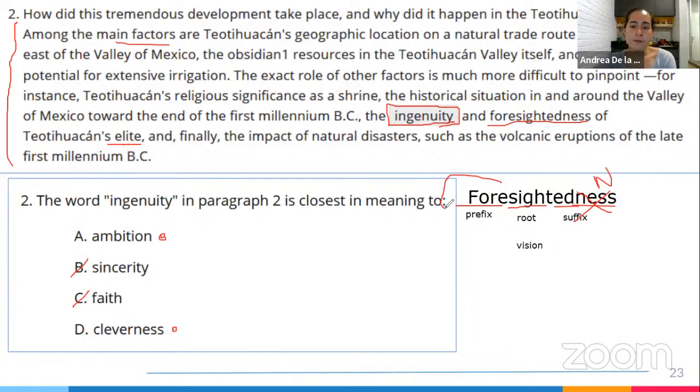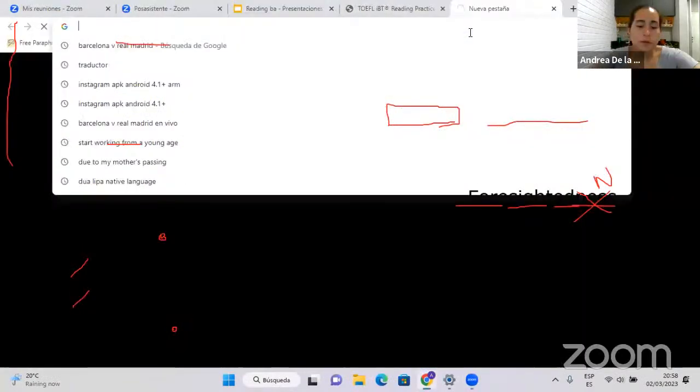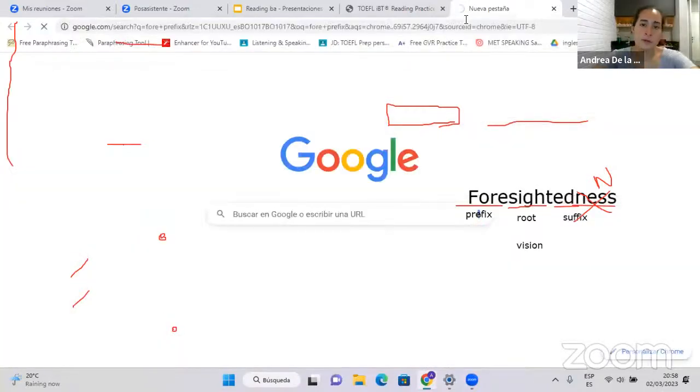What about the prefix for? Can you associate it to other words that you've heard or seen before? Do you guys know? For example, forecast has that same prefix, or foreshadowing.